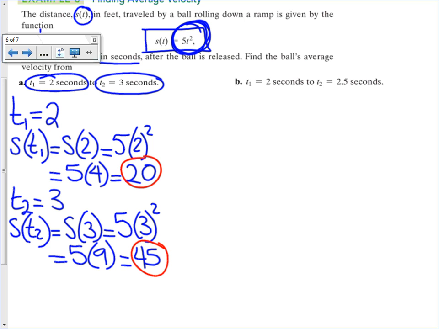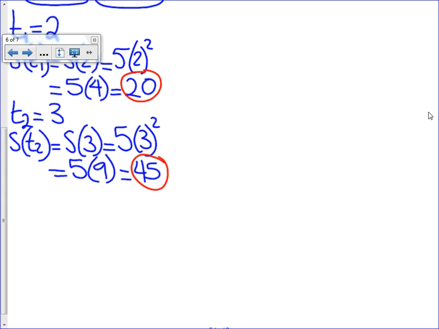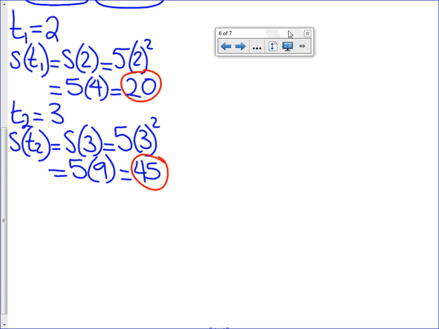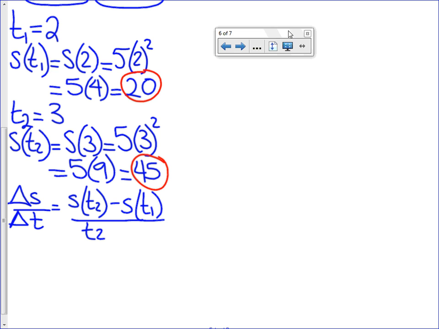All right, so now to answer the question, we need to find the average velocity. So we will be using the formula. And the average velocity is given by the change in position divided by the change in time. So we will be using S of t sub 2 minus S of t sub 1 divided by t sub 2 minus t sub 1. So I'm going to make my substitutions here. And S of t sub 2 is here, 45.